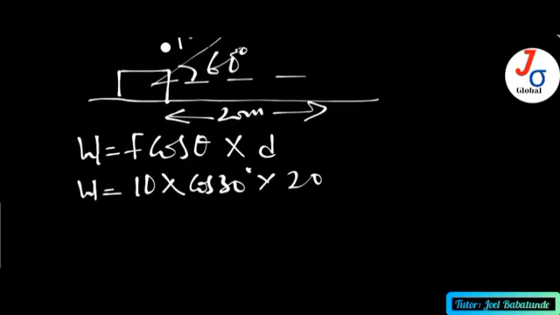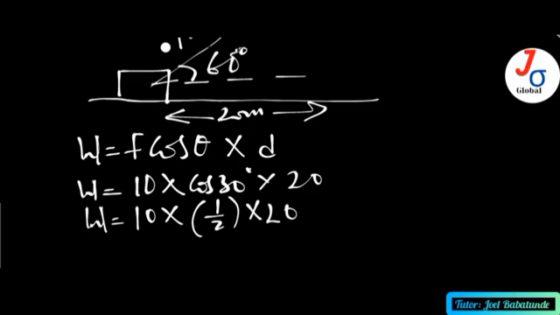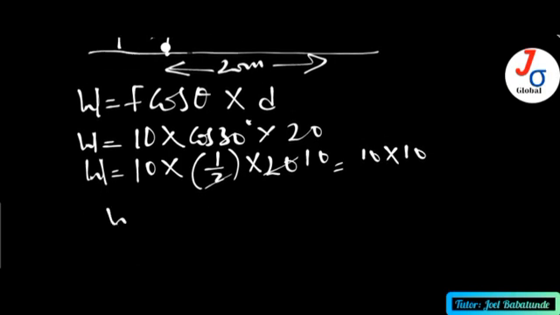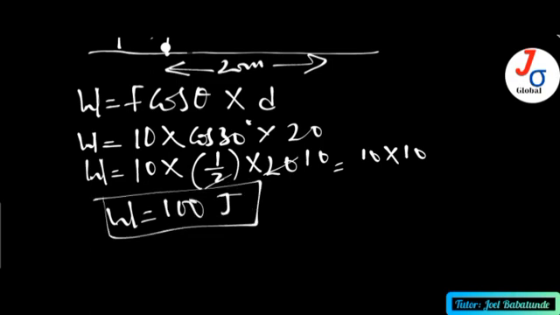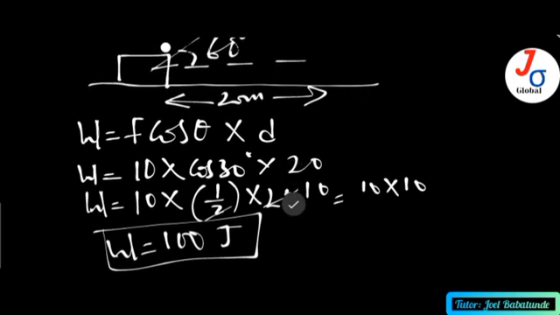Cos 30 is actually 1/2, multiplied by 20, so you have 10 times 10, and the work done is equal to 100 joules. So this is the work done in this case, 100 joules, when it is applied at an angle.